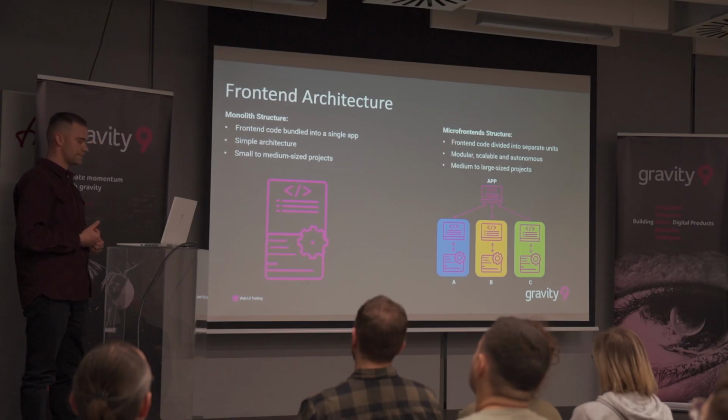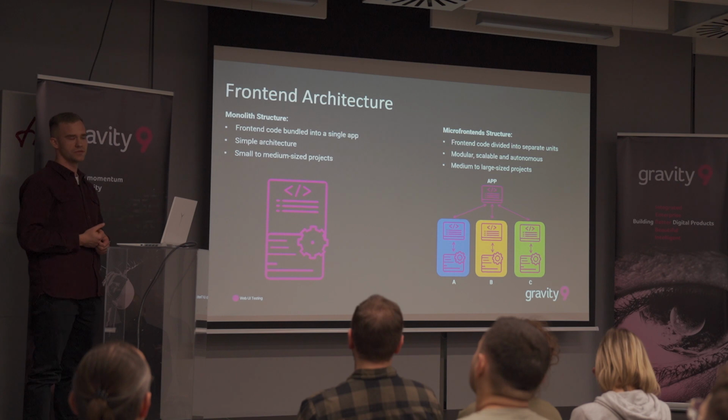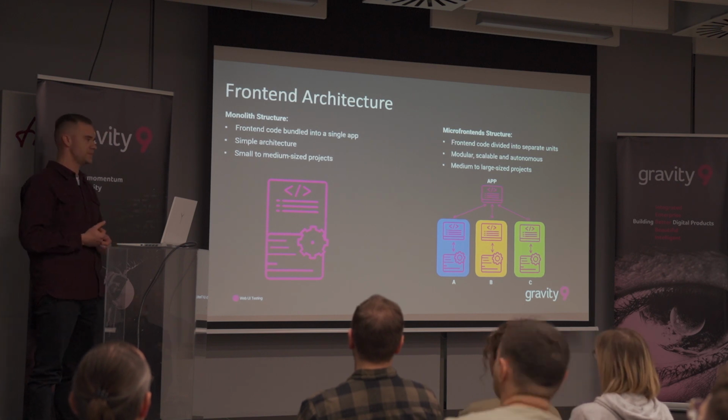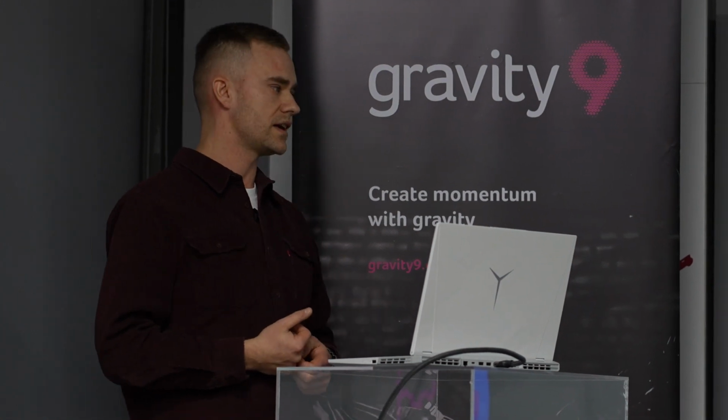You directly know what was changed, and it's easy to run, let's say, some regular regression tests or even targeted ones. But when it comes to testing the regression in a micro front-end structure, it might be inefficient to go with full regression and test all three services like A, B, and C whenever the change was done only in A.